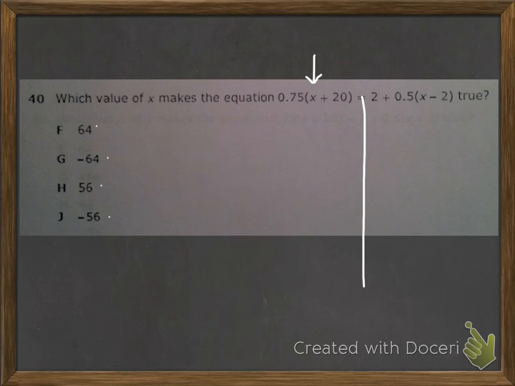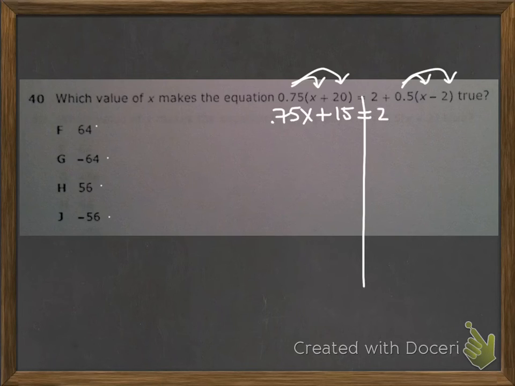Okay, but what we're going to do, we're going to also do it by hand just because we need to practice that. So the first thing we're going to do, because we have parentheses, is we're going to distribute to get rid of parentheses. So 0.75 times X is 0.75X. 0.75 times 20 is 15.